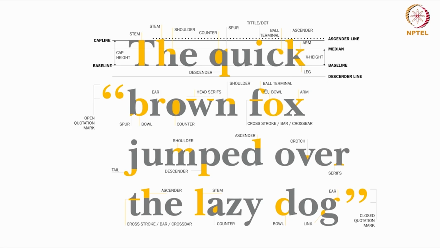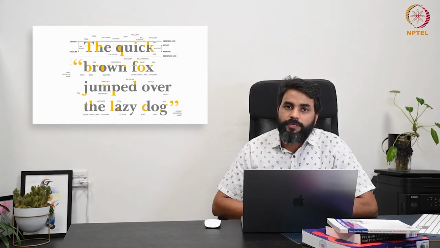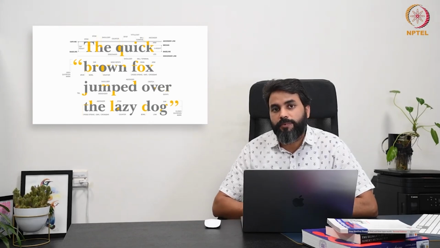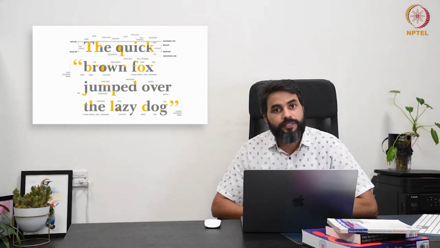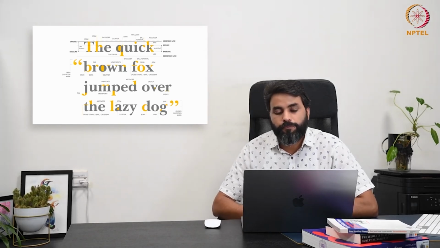Then you have shoulder, serif, counter space, the ear in letter R, the spine in letter S, the stem, and the link in letter G. So these are very unique parts of the letter, and they play a very unique role in the structure and design of a typeface. The shapes, proportions and variations of these parts give different typefaces their character, identity, style and readability.